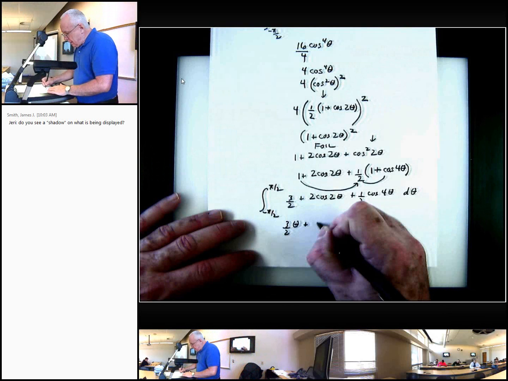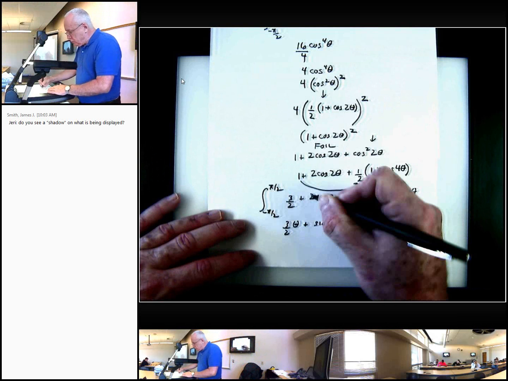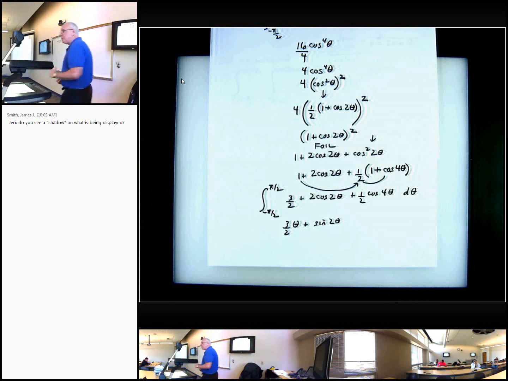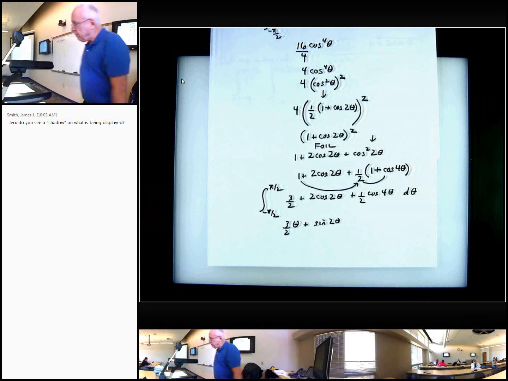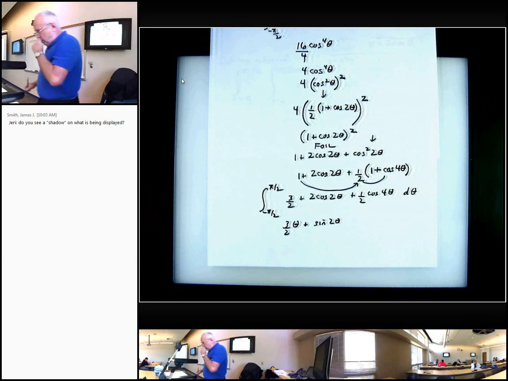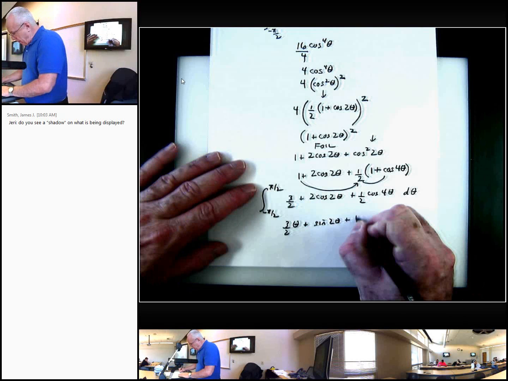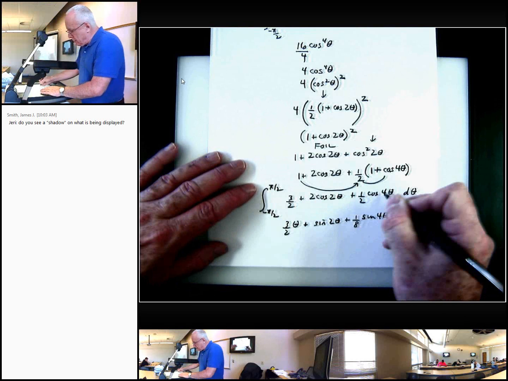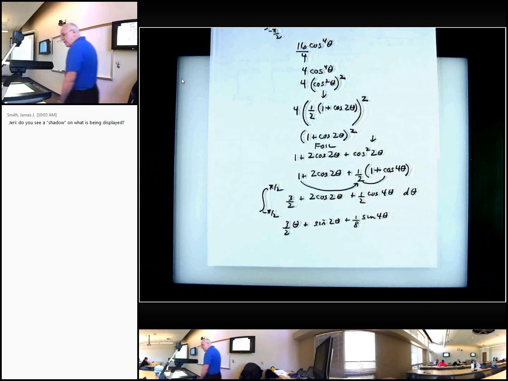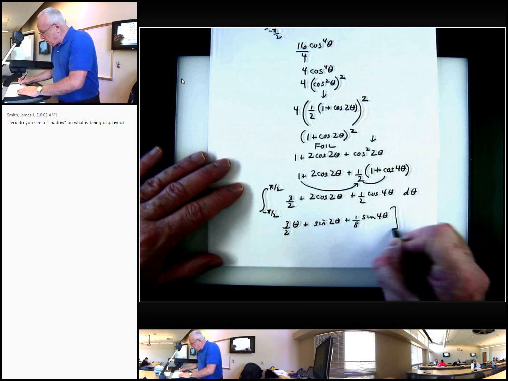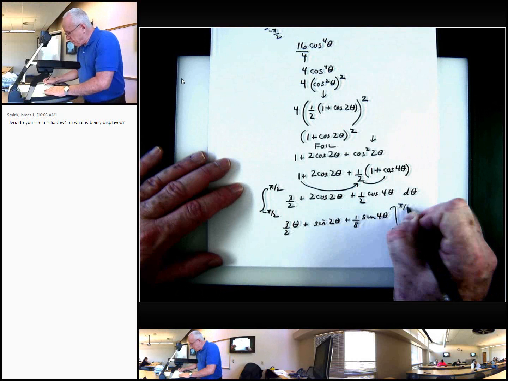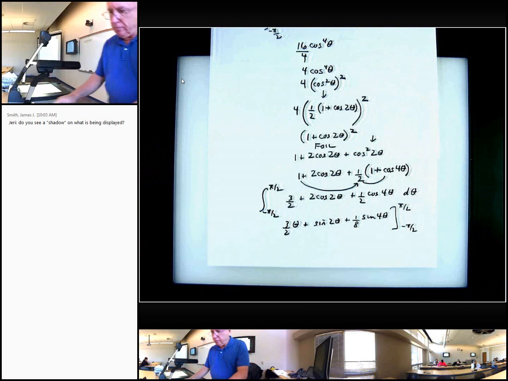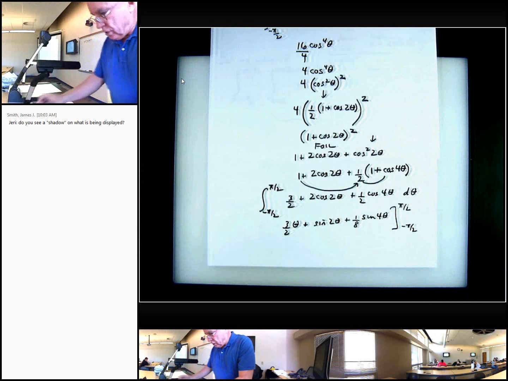Sine 2 theta, because the 2 divided by 2 will cancel each other out. 1/2 cosine of 4 theta is going to be what? 1/8 times 4 theta. Very good. 1/8 sine of 4 theta. Bring that 4 down to a 1/8. Derivative of sine is cosine. And then our limits are minus pi over 2 to pi over 2.